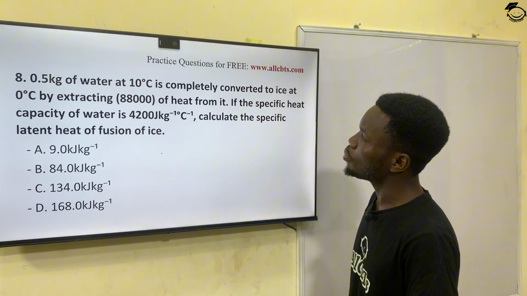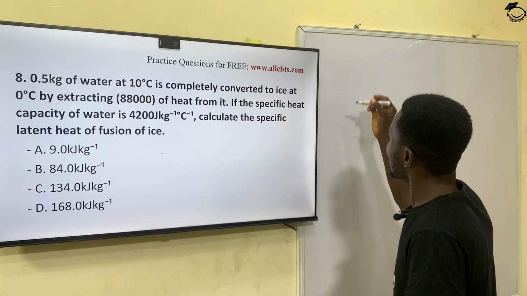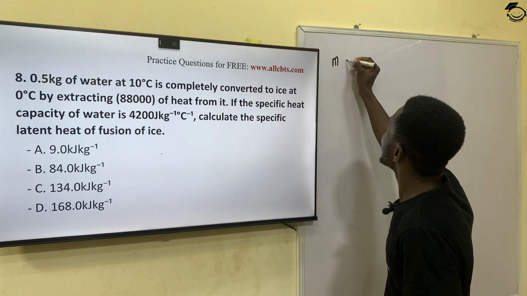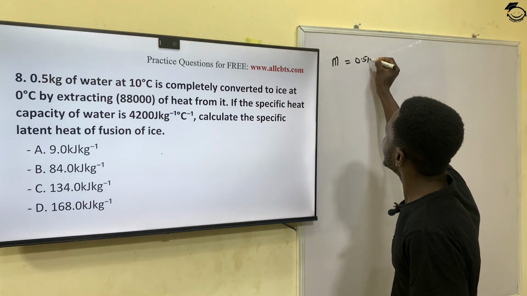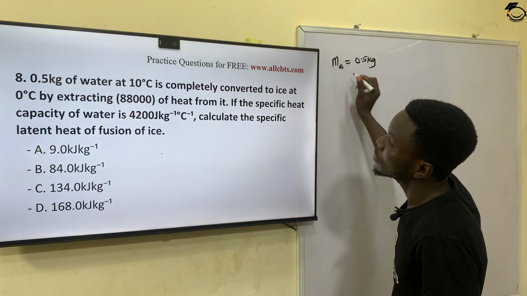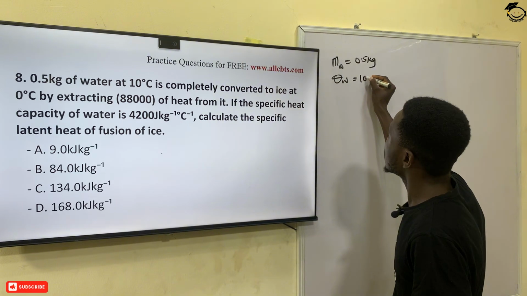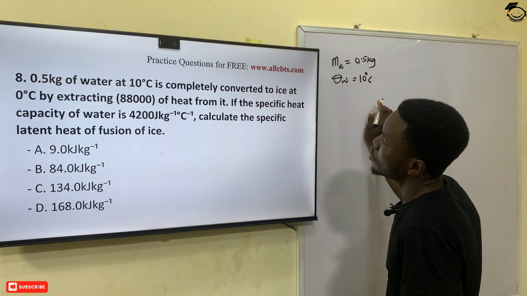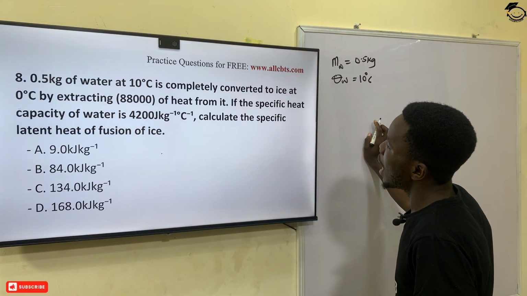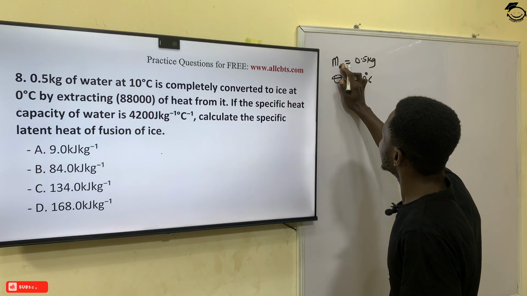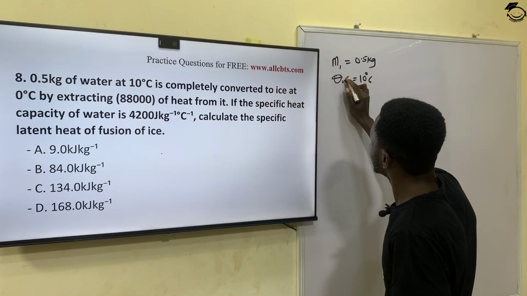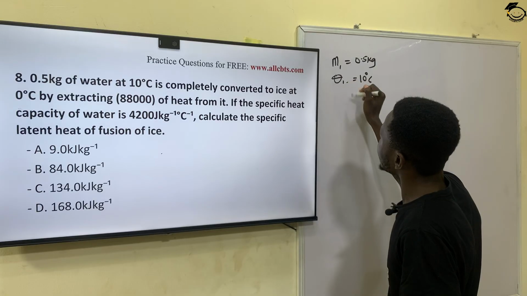It says 0.5 kilogram of water. So we have the mass of water to be 0.5 kilogram. We have the temperature of water as 10 degrees Celsius. It's completely converted to ice. So let's say this is M1, this is theta 1.